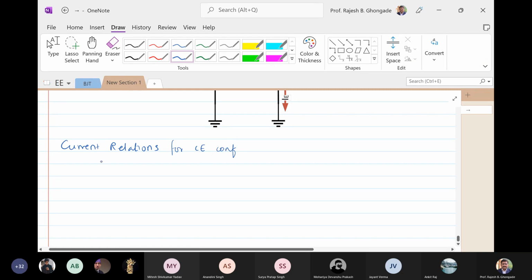Now we know that for CB configuration, that is common base, we have IE equal to IC plus IB. We have seen this, and so IC is alpha DC into IE plus ICBO.